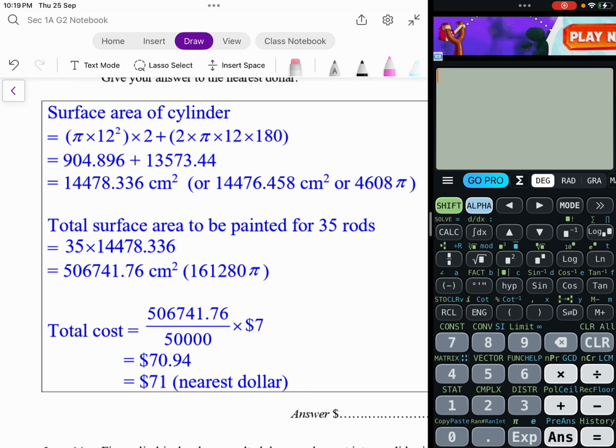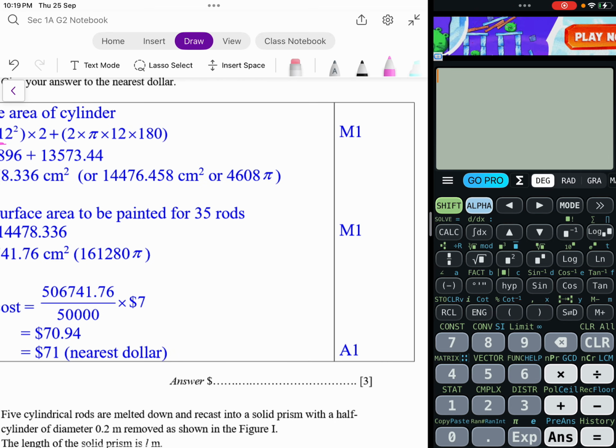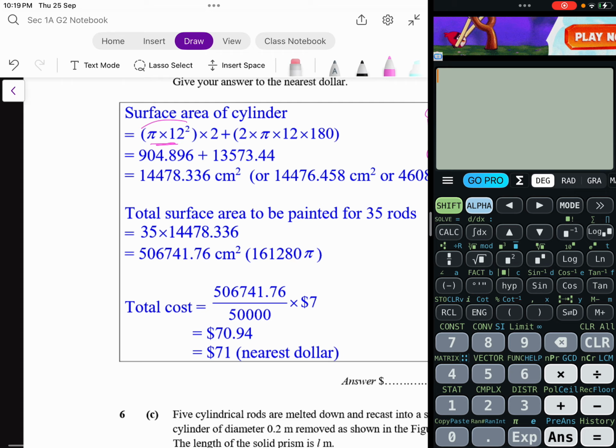Okay, so we need to find surface area. If you remember, surface area of cylinder is this shape. So this is the 2 area of circle times 2.